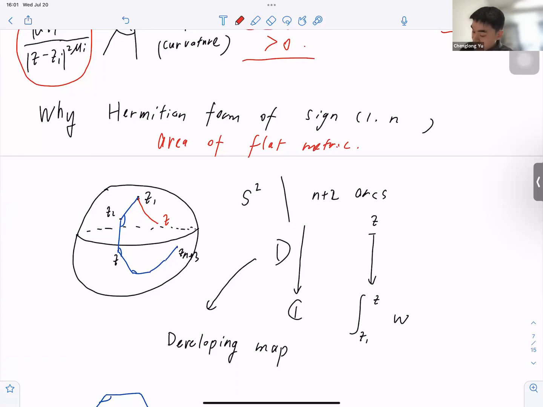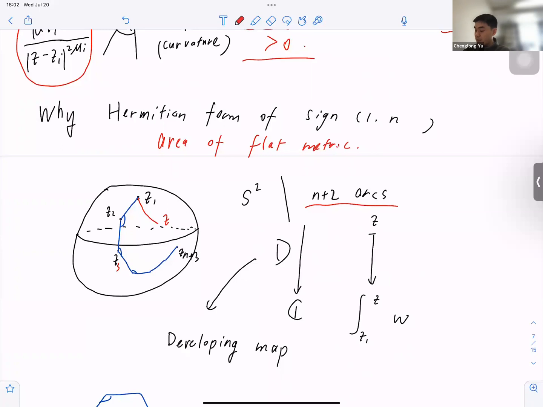For example, if we connect all these edges from Z1 to Z2, Z2 to Z3, and up to Zn plus 1, we have n plus 2 edges or n plus 2 arcs. And if we use scissors to cut this sphere along these arcs, along the geodesics or straight lines, then we can flatten this or put this sphere locally on the flat plane.